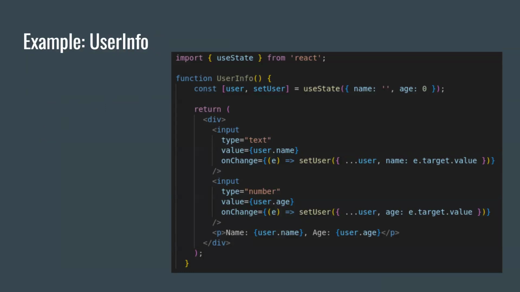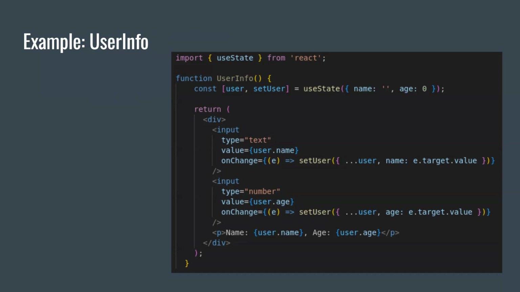Here's another example, user info. You can see that we are importing useState from React. This time, the different thing is we're setting the initial state value to be an object that contains both name and age.